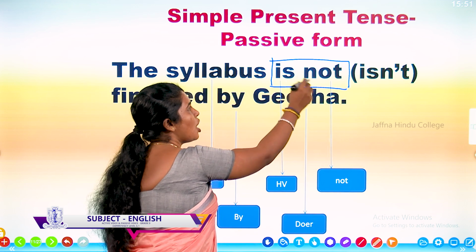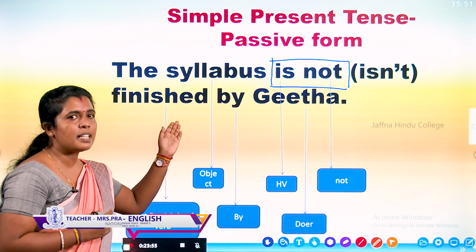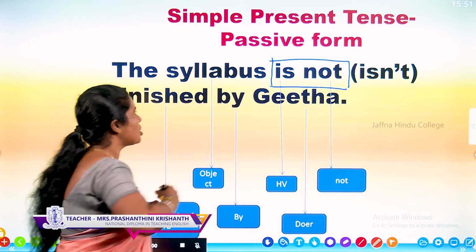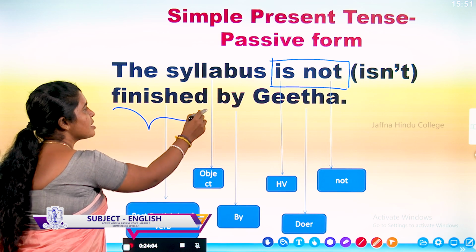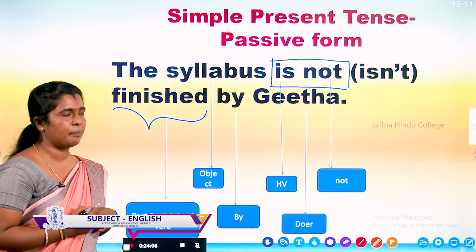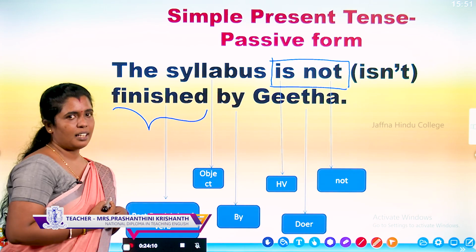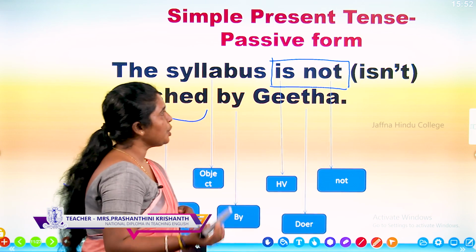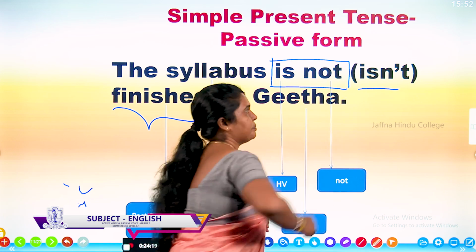So is not. Why we are using here is? Because the syllabus is singular. So we have to use is not finished, right? This is past participle form of main verb. So finished by Geetha, right? By, the doer is Geetha. So you can use the contracted form also. Is not means isn't, right?